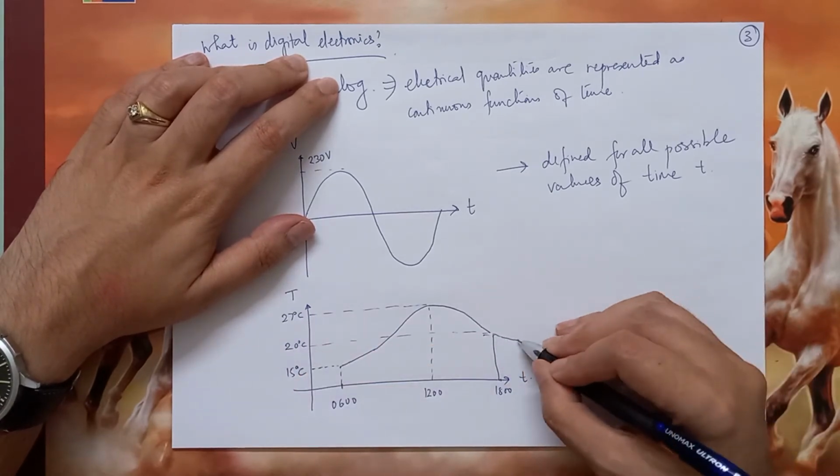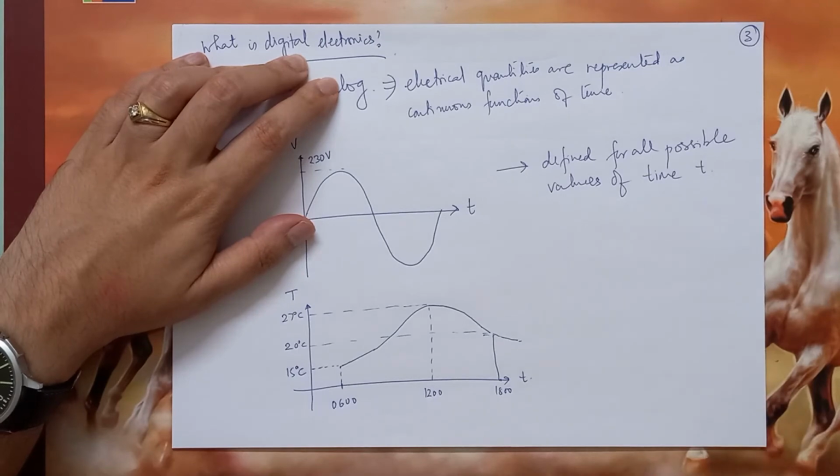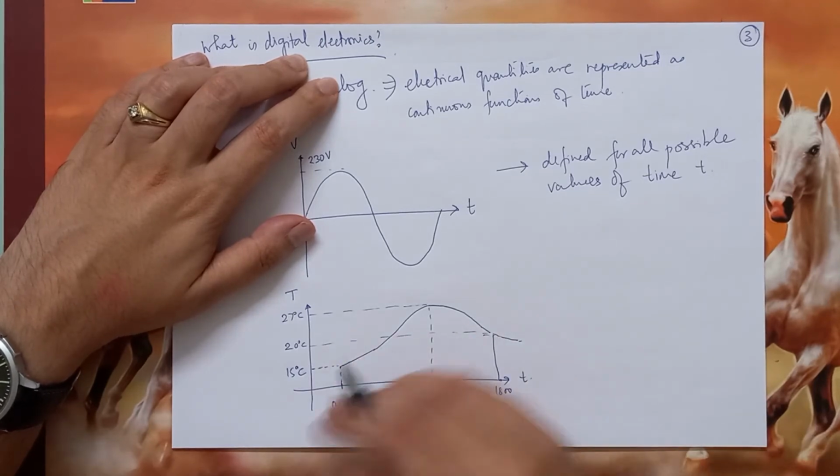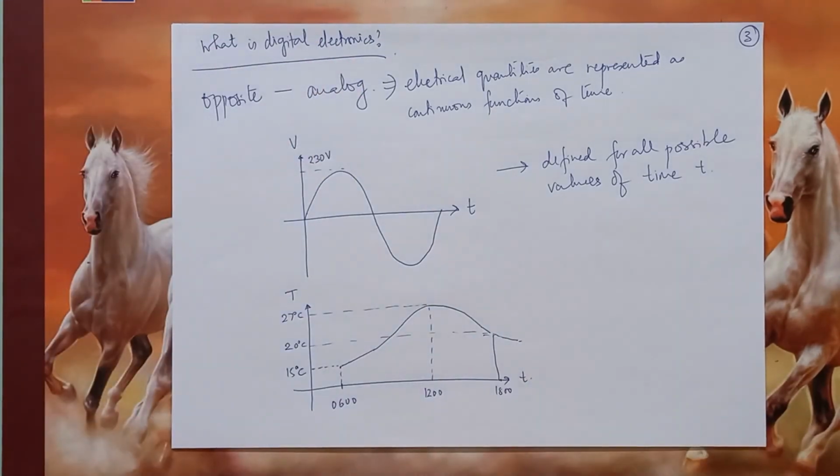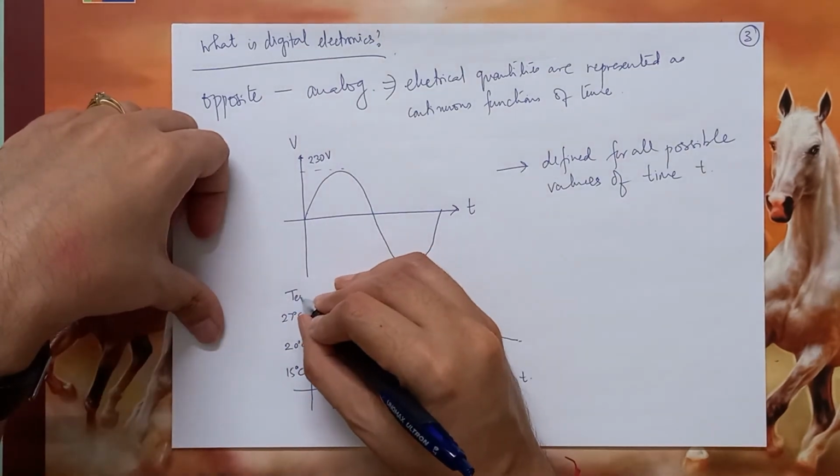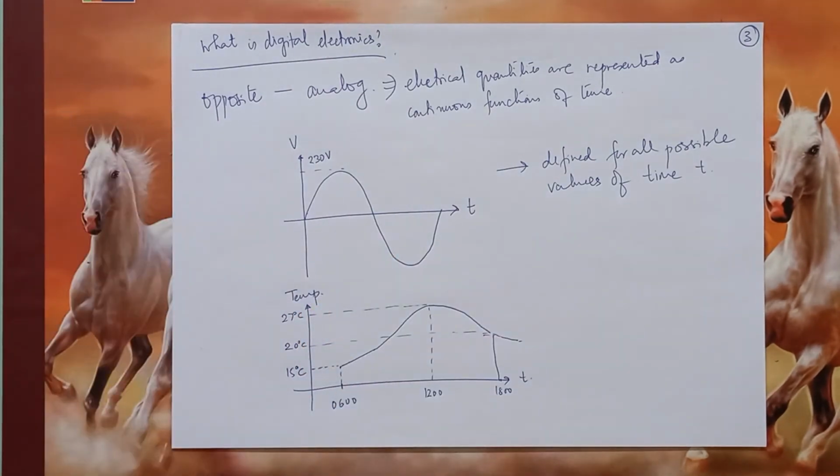And the temperature, let's say, keeps decreasing after that. So what we are seeing is that the temperature profile of that place as a function of time is a continuous function. Sometimes it may also be very irregular depending on what the place is.